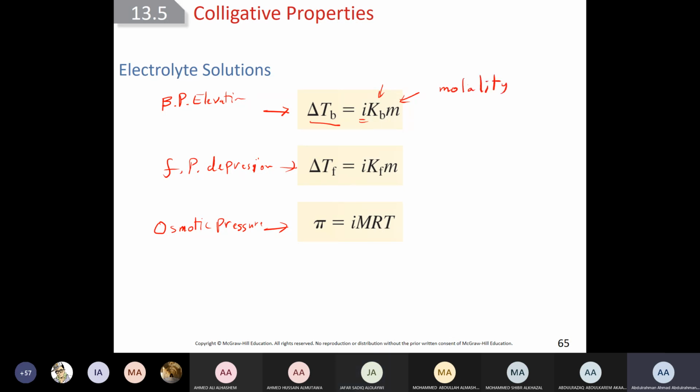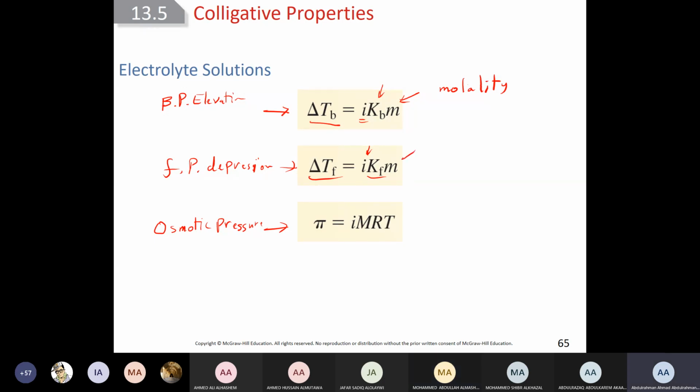Okay, very quickly, what's delta TF? The difference between the freezing point of the solvent and the solution. What's I? Van 't Hoff factor. What's KF? Freezing point depression constant.